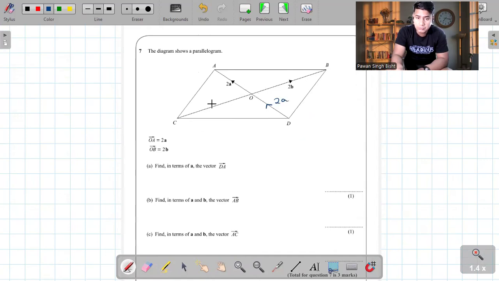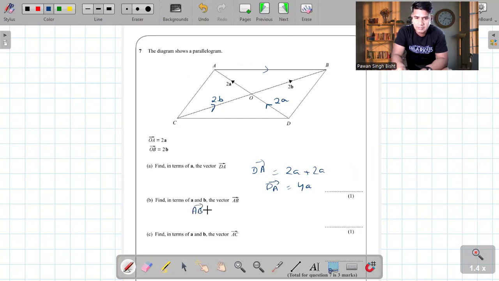If OB is 2B, then CO is also 2B in the same direction, right? So DA is the sum of DO plus OA. So vector DA will be 2A plus 2A, that is 4A, right?